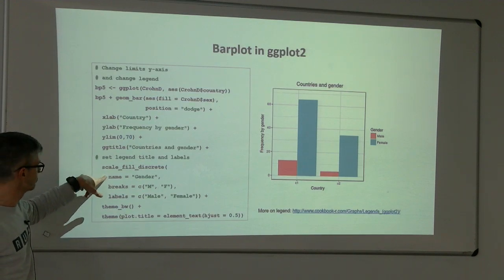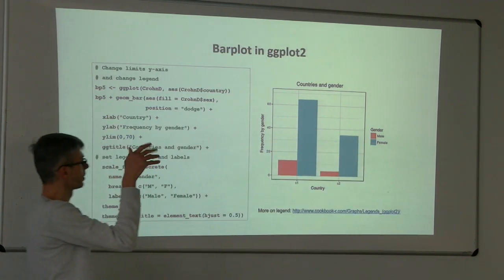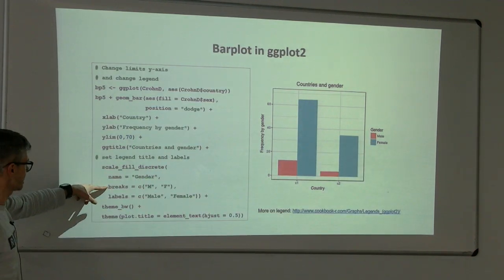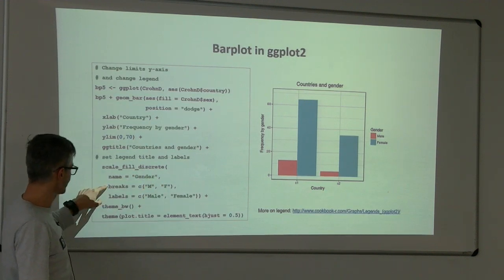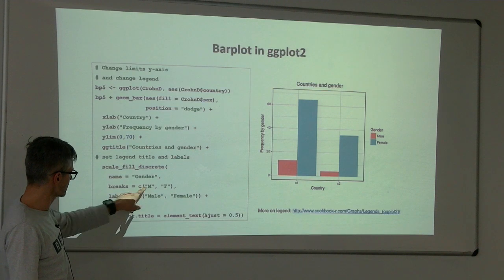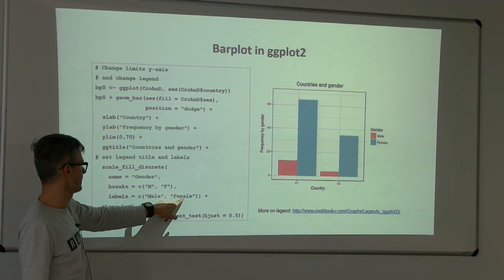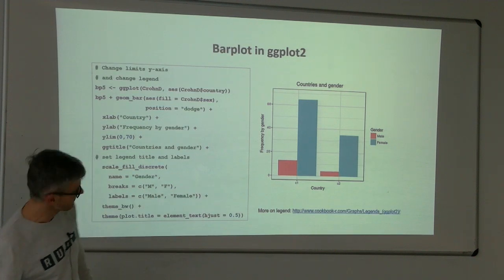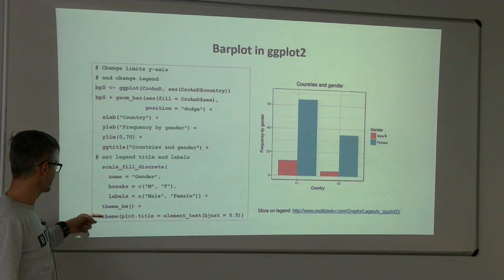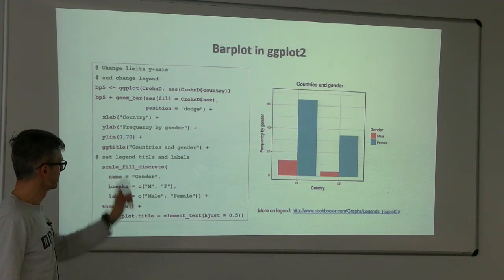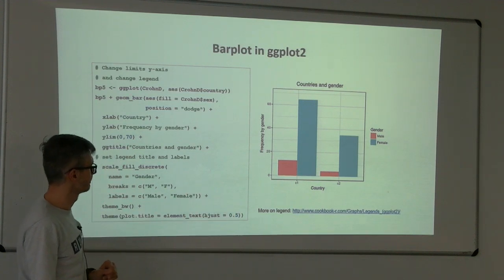So the name then would be gender, which is shown here instead of Chrome D $6. The breaks are what is found in the column, M and F, and you just use then the labels. So the M will be replaced by male, the F will be replaced by female. So this I think is then already a better view in this case. And then white background, and you again put this here, the title, in the middle.